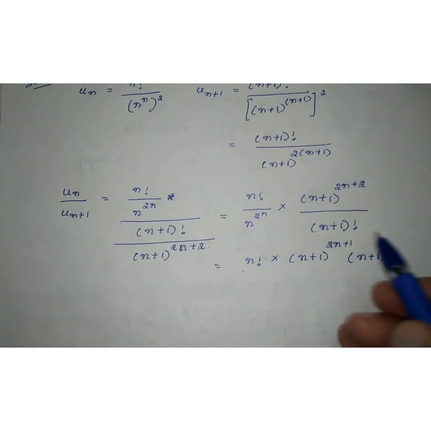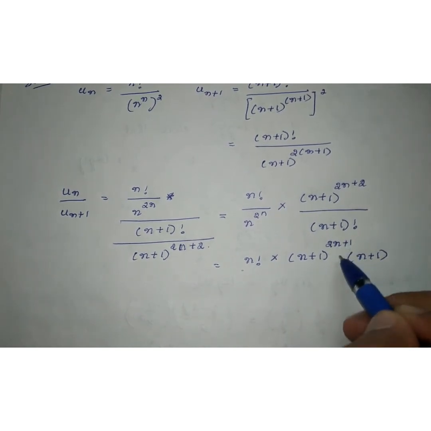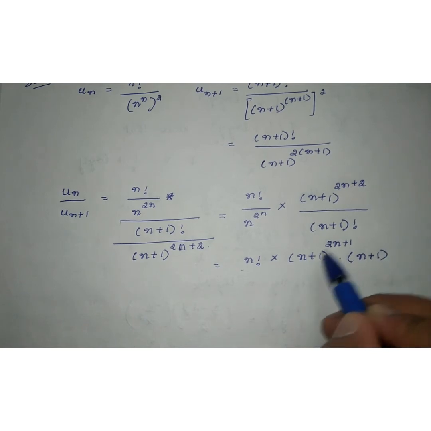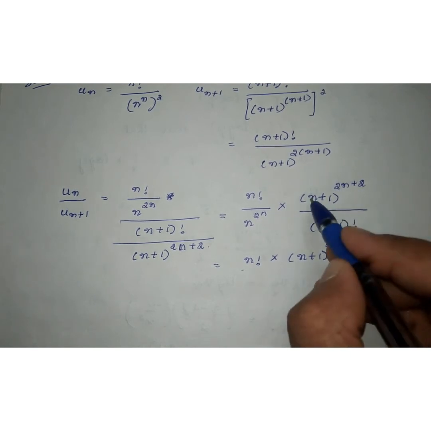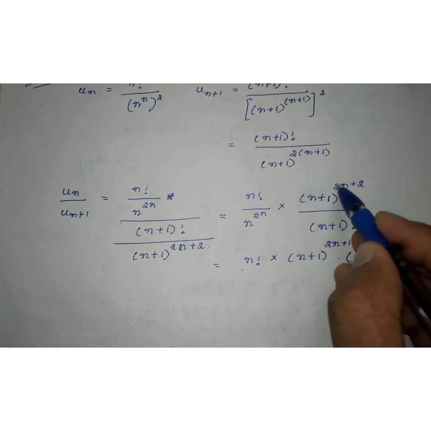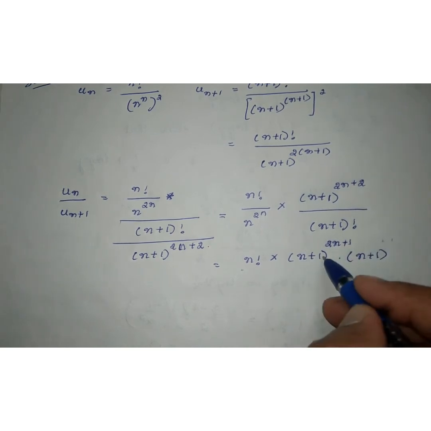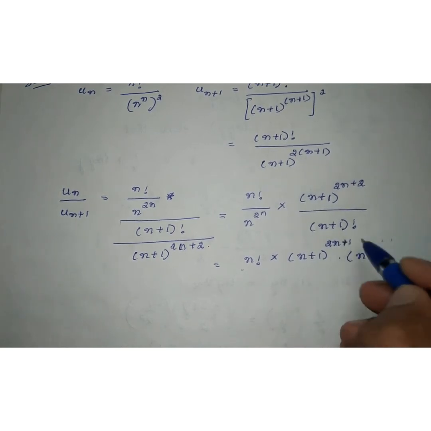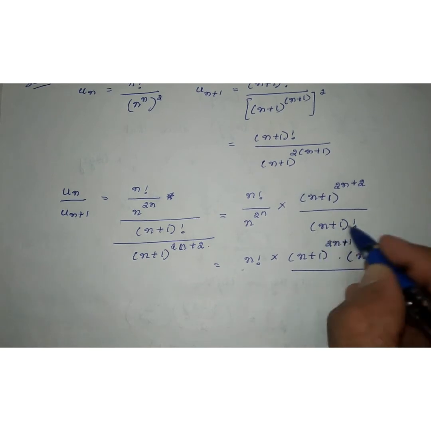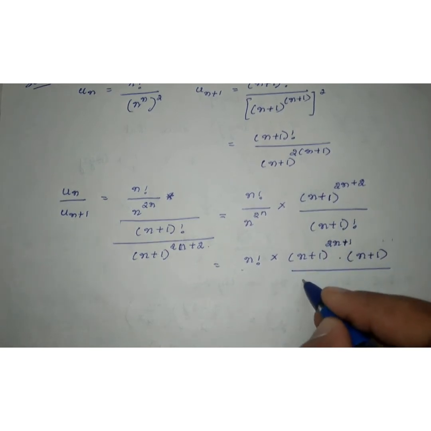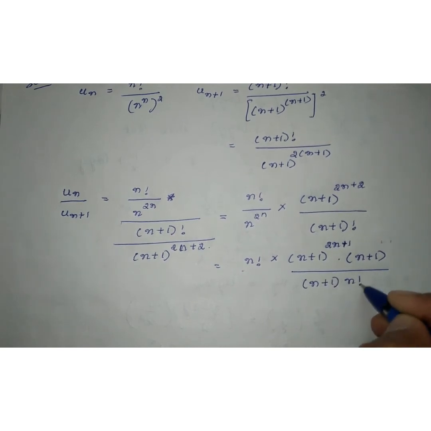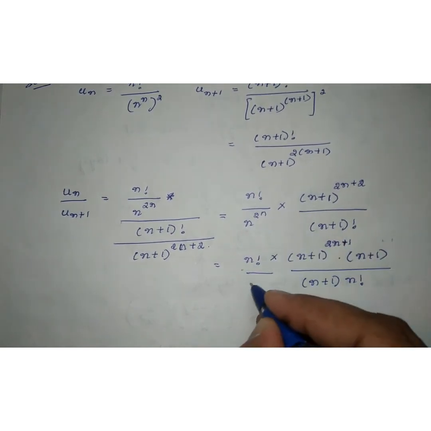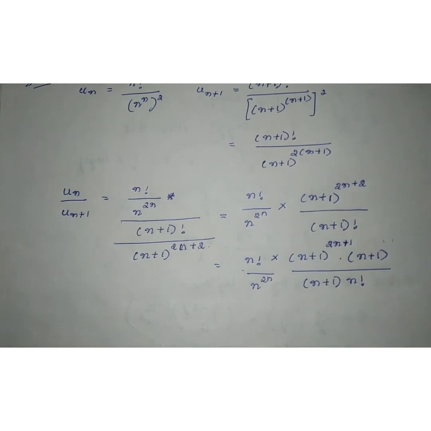So this is nothing but a to the power m into a to the power n equal to a to the power m plus n. So it is 2n plus 1 plus 1, which is nothing but 2n plus 2. So I can write n plus 1 to the power 2n plus 2 as n plus 1 to the power 2n plus 1 into n plus 1, divided by n plus 1 factorial, which can be written as n plus 1 into n factorial, and the term n to the power 2n as it is.